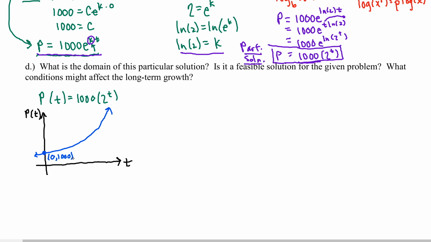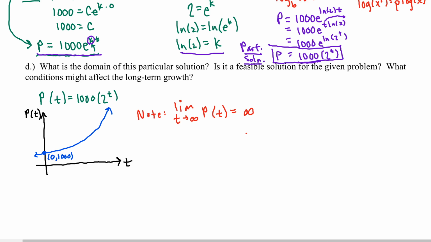Now, what happens to this function over time? Because it is exponential, as t approaches infinity, the population of this bacteria also approaches infinity. So let's make the observation: the limit as t approaches infinity of our population function is infinity.